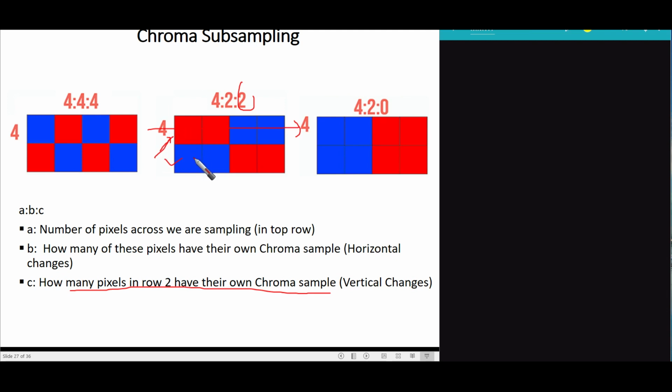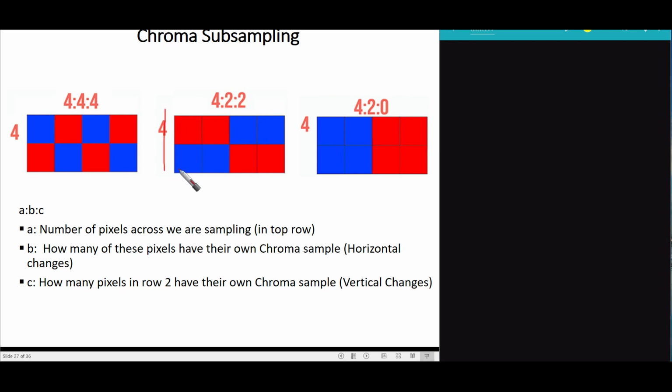So we can say one change is happening. That means we are not keeping the same color that we used in the first row. We are now thinking vertically. The second number was horizontal sampling, and the third number is vertical sampling.